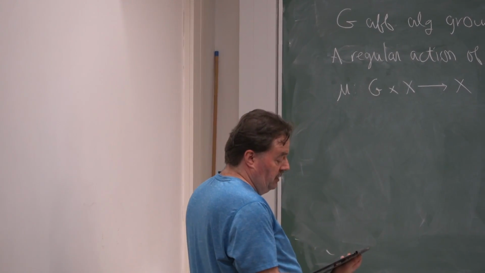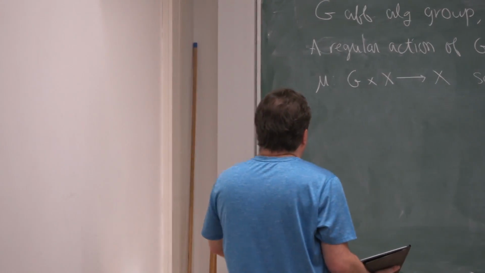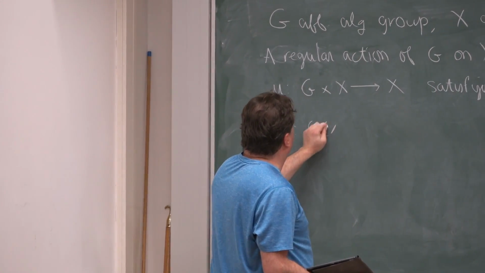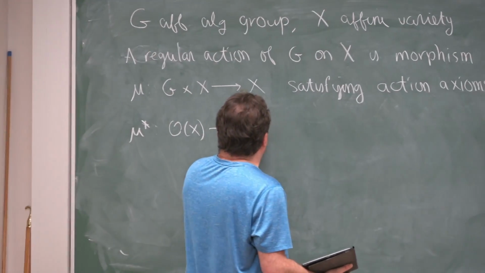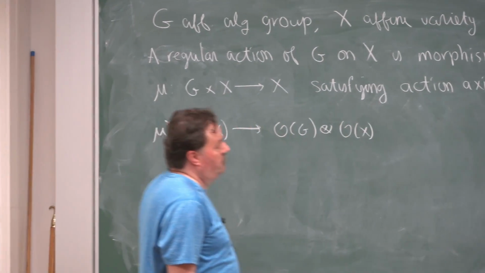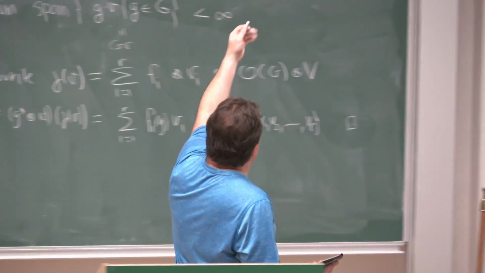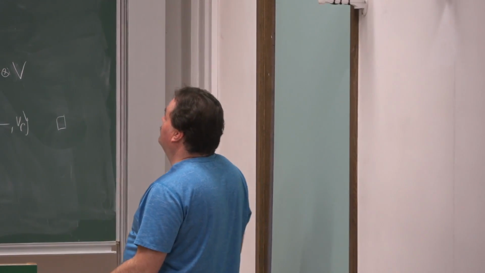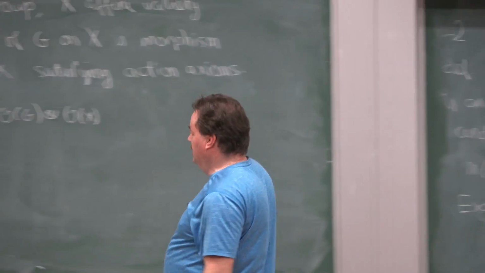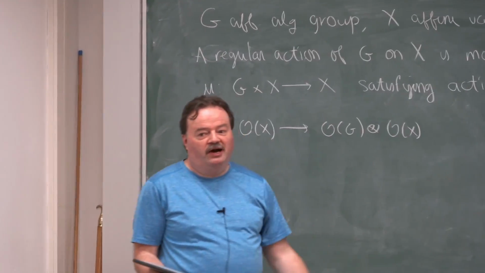Okay. So in this situation, G also acts on the coordinate ring. So first of all, we have this morphism mu star that goes from O(X) to O(G) tensor O(X), right? And then we are in a situation where we have this gamma, except for one tiny detail. If I did it like this, then instead of a left action of G on O(X), I would get a right action.